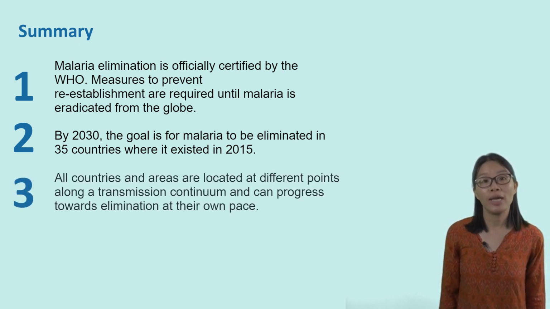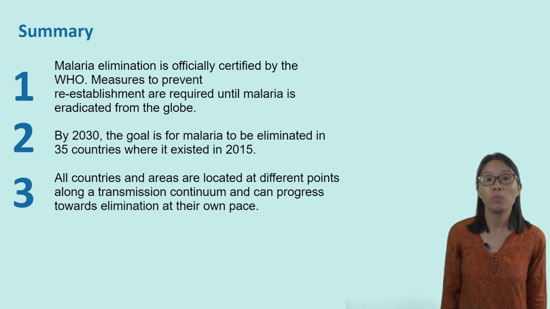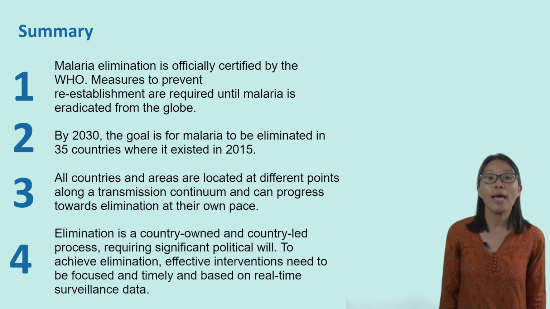All countries and areas are located at different points along a transmission continuum and can progress towards elimination at their own pace. Elimination is a country-owned and country-led process requiring significant political will. To achieve elimination, effective interventions need to be focused and timely and based on real-time surveillance data.